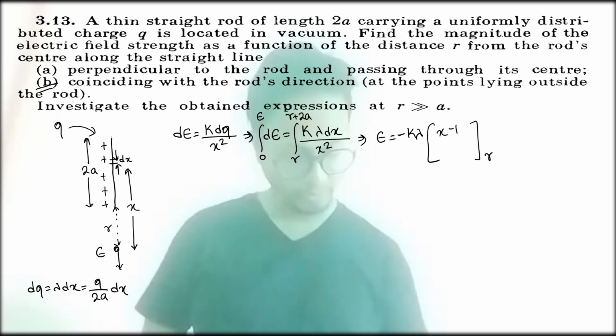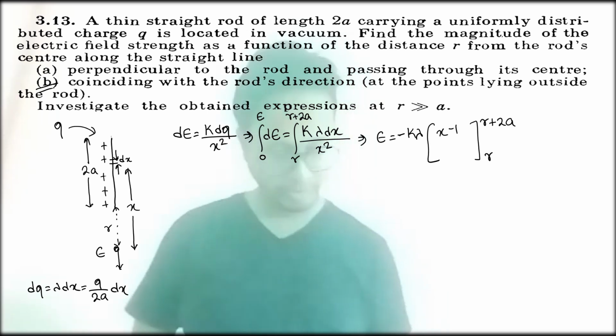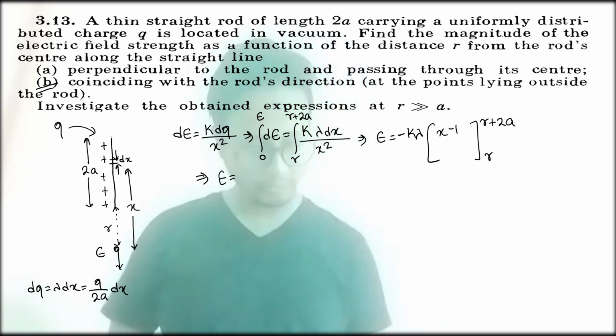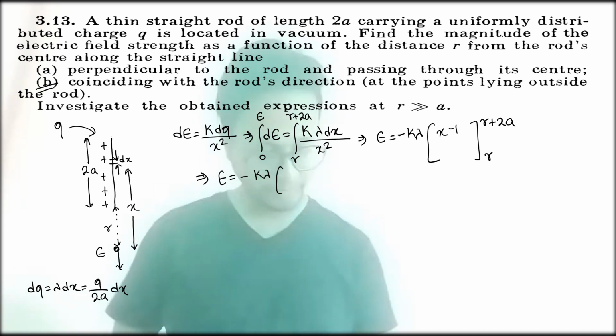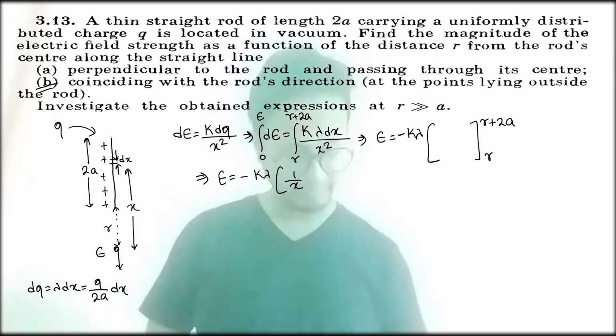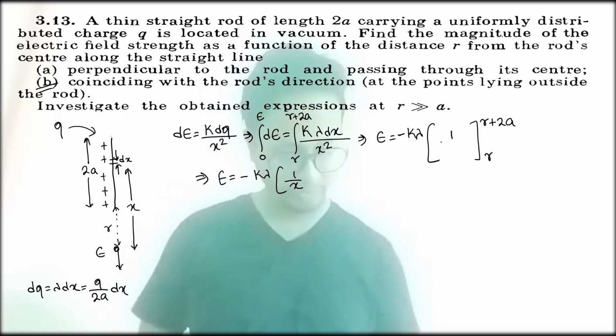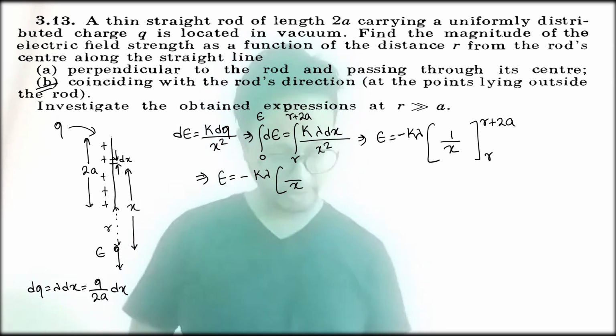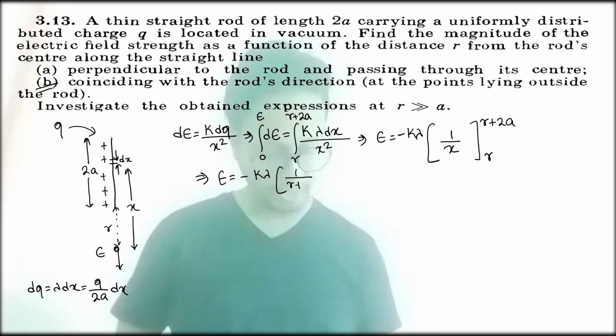The limits of integration are r to r plus 2a, so the total electric field is minus k lambda into 1 by x. This x inverse can be written as 1 by x. So it is nothing but 1 by r plus 2a minus 1 by r.